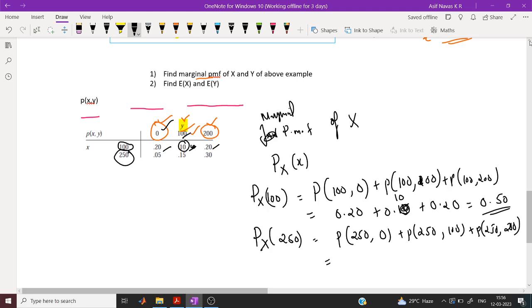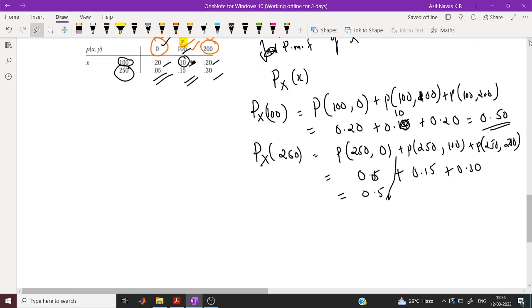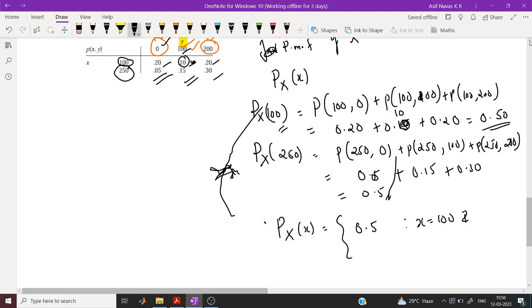That equals 0.05 plus 0.15 plus 0.30, which is 0.5. So the marginal PMF of x is Px of x equals 0.5 when x equals 100 and 0.5 when x equals 250, and 0 otherwise.